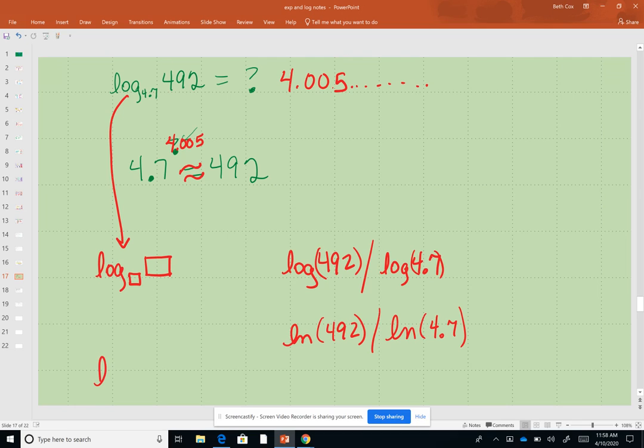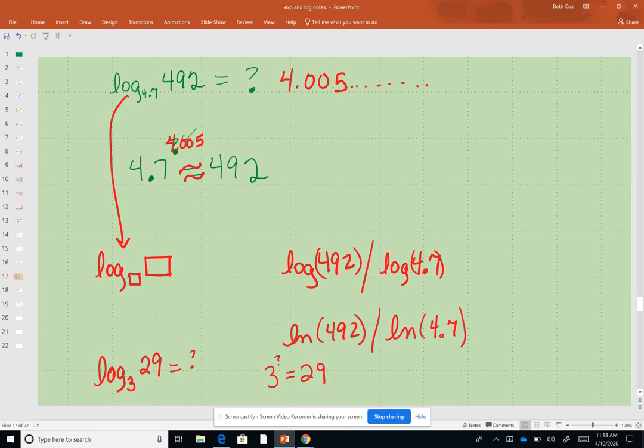So now just think about this one for a minute. What if it said log base 3 of 29? Okay, now knowing what that means, 3 to some power equals 29.